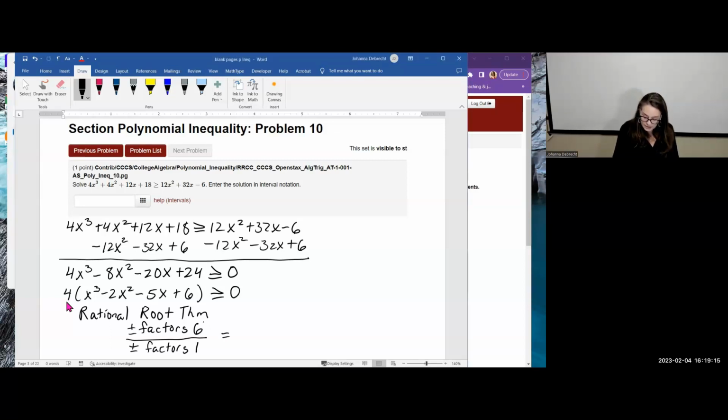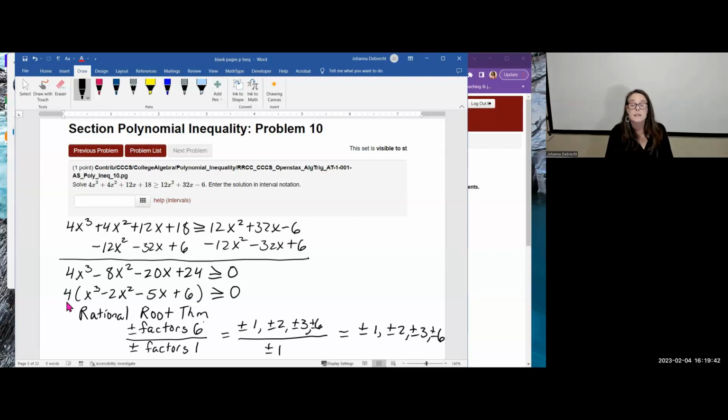So this basically gives me plus or minus 1 times 6, plus or minus 2 times plus or minus 3. Oh, and I forgot my plus or minus on the 6. All divided by plus or minus 1. Well, any number divided by 1 is itself, so this gives me basically plus or minus 1, plus or minus 2, plus or minus 3, and plus or minus 6. In other words, I've got 8 different numbers to try.